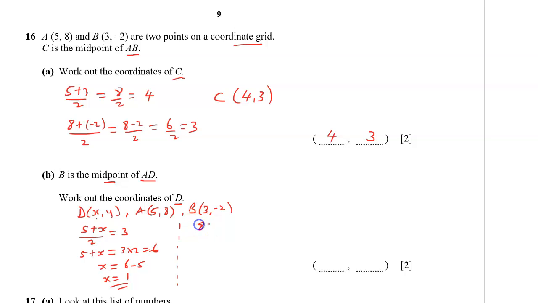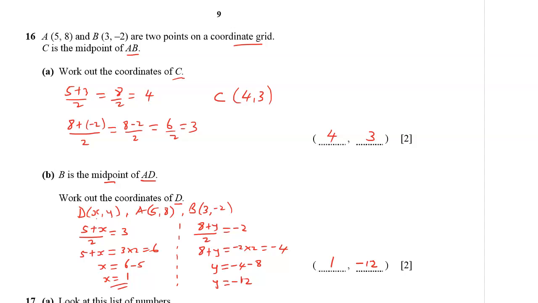Therefore, we take 8 plus Y divided by 2 should give us -2. We multiply both sides by 2 to remove the fraction. So 8 plus Y is equal to -2 times 2, which gives us -4. We subtract 8 from both sides to make Y the subject. So Y is equal to -4 minus 8, and of course, Y will be -12. So the coordinates of D will be (1, -12).